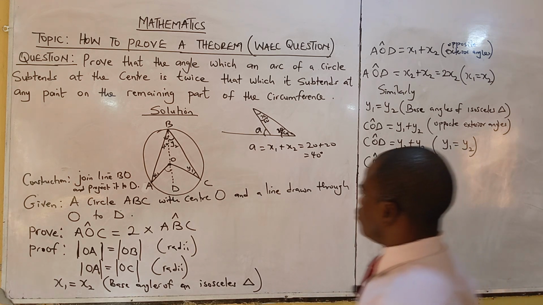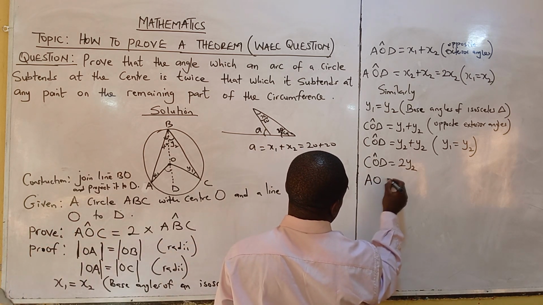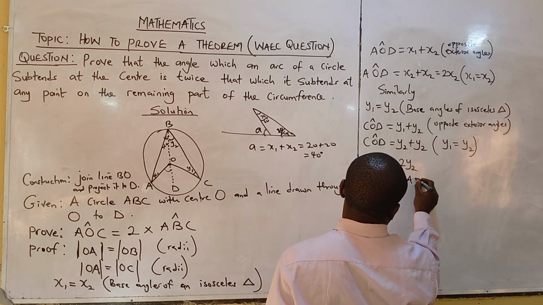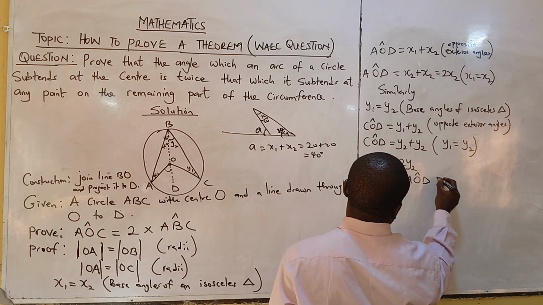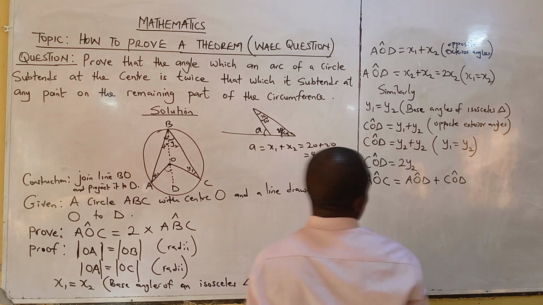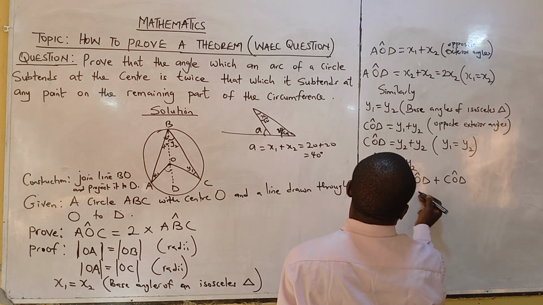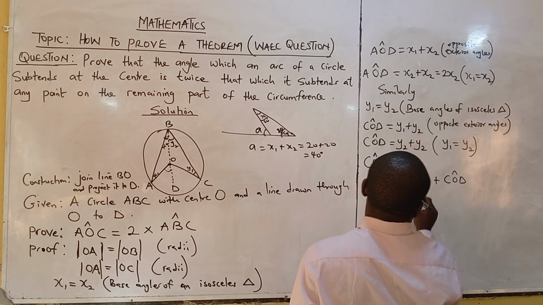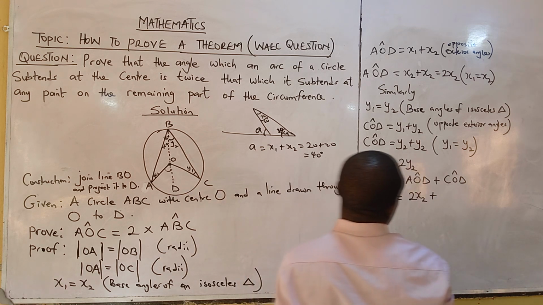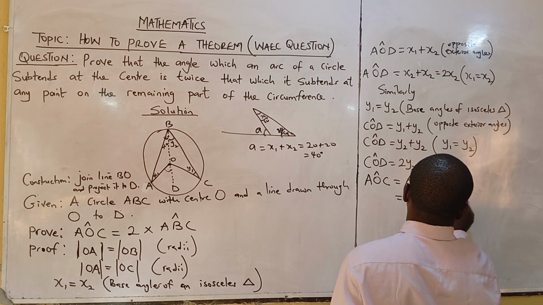Okay, now to get AOC, angle AOC equals angle AOD plus angle COD, which equals, what's angle AOD? That's 2x2 plus COD, that's 2y2.